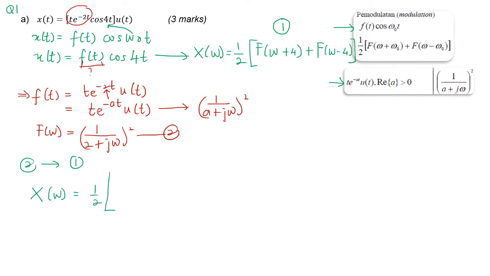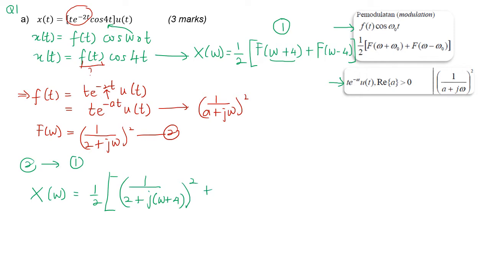What is your F(omega)? F(omega) equal to 1 over (2 plus j omega) squared. For the first one, omega must be added by 4, so 2 plus j(omega plus 4), don't forget to square them.